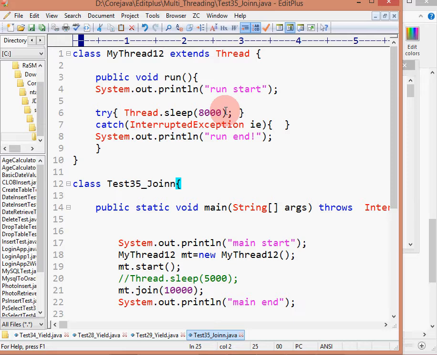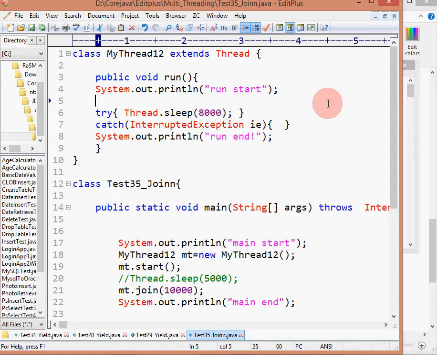So here I gave 10,000, 10 seconds, but the thread is executed before the given time. So what is happening is that if the thread executes before the given time, it directly and suddenly executes the run method of the next thread or main thread, you can call it.